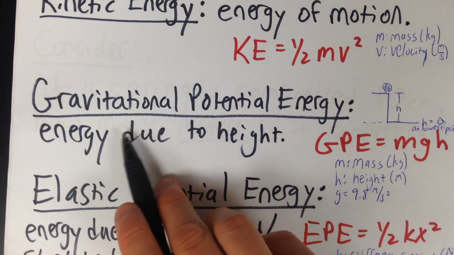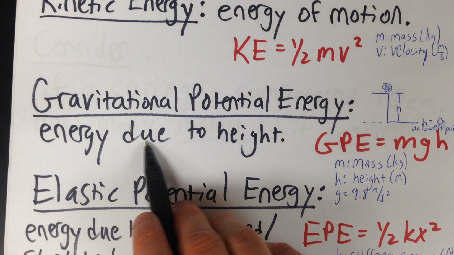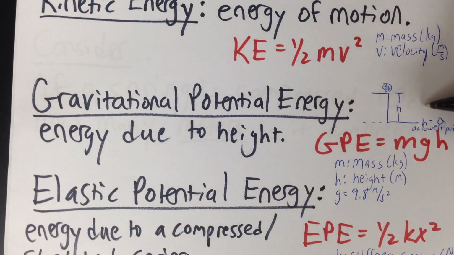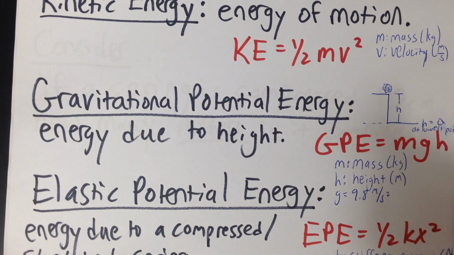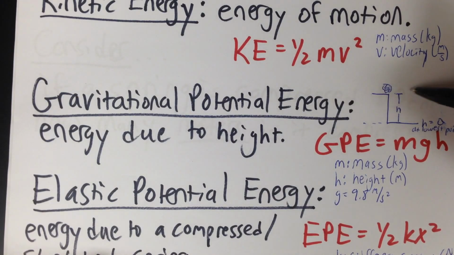So gravitational potential energy is just energy stored due to height. Here's a little diagram on the side. Draw that to say that the height is always equal to 0 at the object's lowest point. And then when you lift it up, it gets height and it gets GPE.